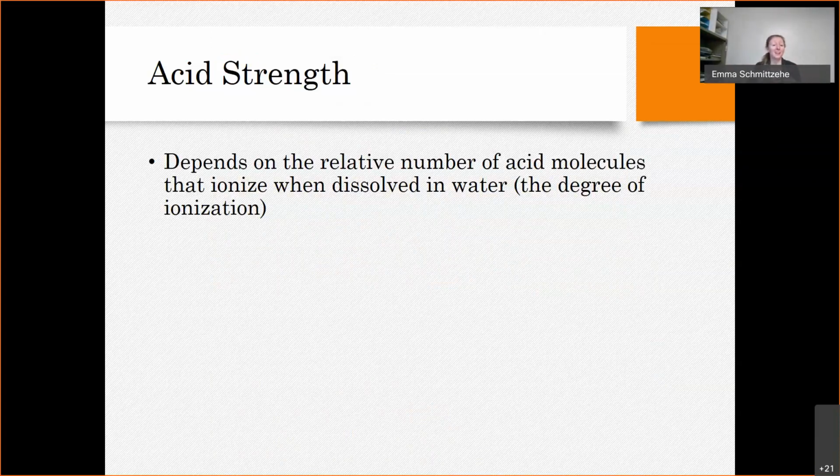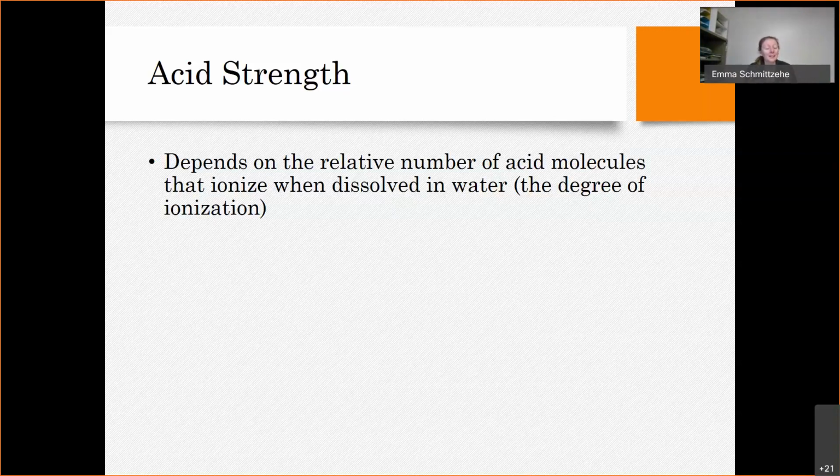How much it ionizes, how much things break apart, okay? So if we want to actually quantify how strong this is, so if we have a bunch of weak acids, instead of saying these are all weak, we can actually rank them, and say, even though these are weak acids, this one's really strong compared to this one, okay? And how you determine that is by measuring what portion of molecules actually ionize.